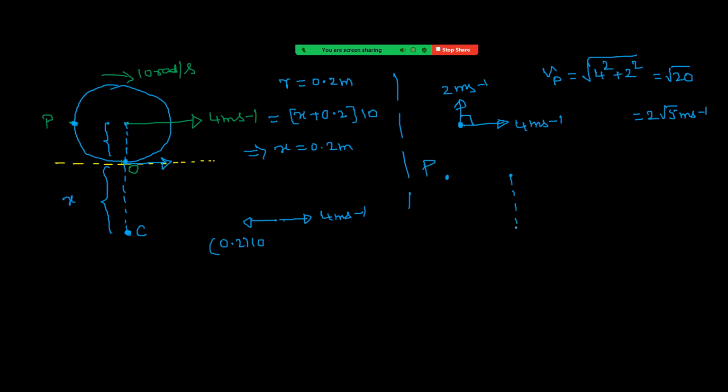And this is the instantaneous axis of rotation. Now see carefully. This is 0.2. This is 0.4. This length. Now distance of P from this point.